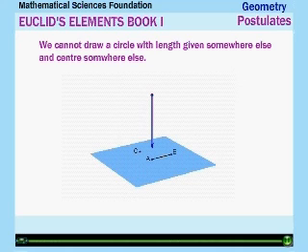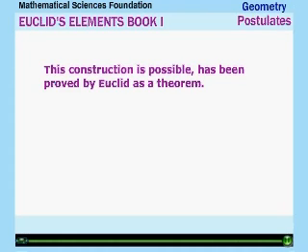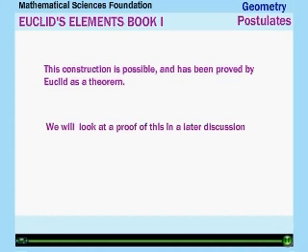As soon as I lift my compass from the points A and B, the compass collapses. That this construction is possible is in fact proved as a theorem by Euclid. We will, in a later discussion, look at a proof of this theorem.